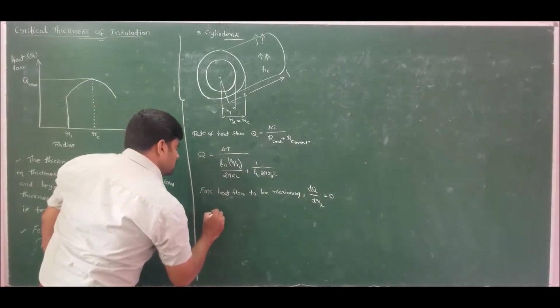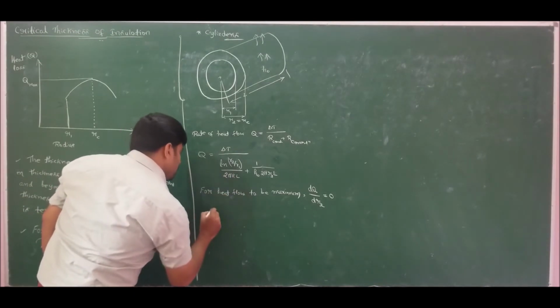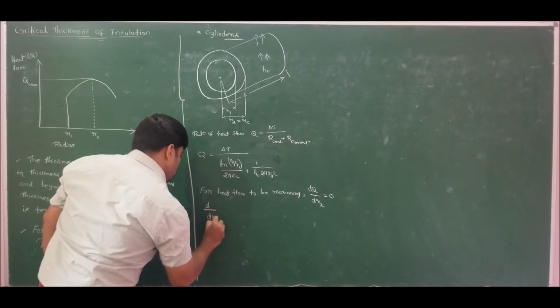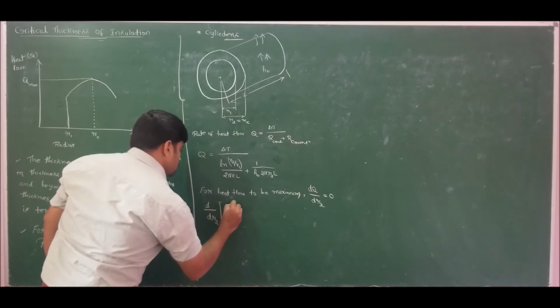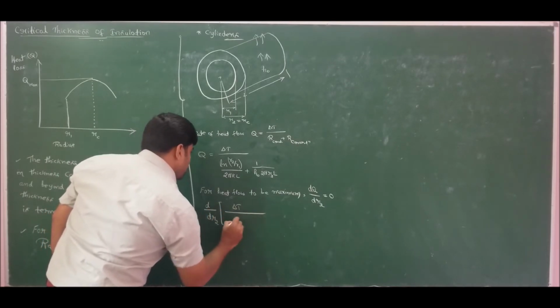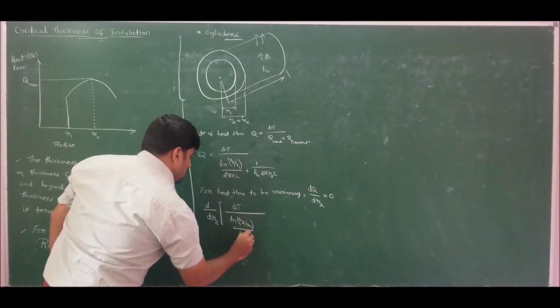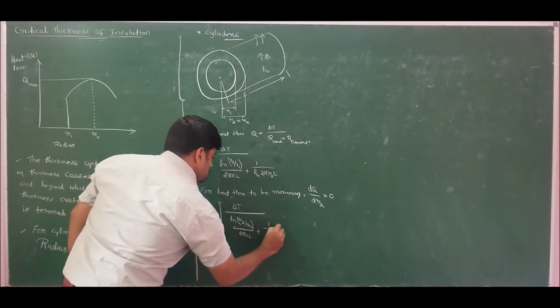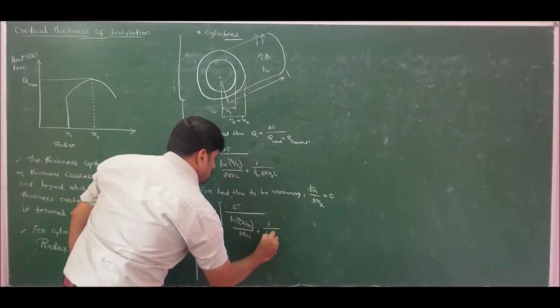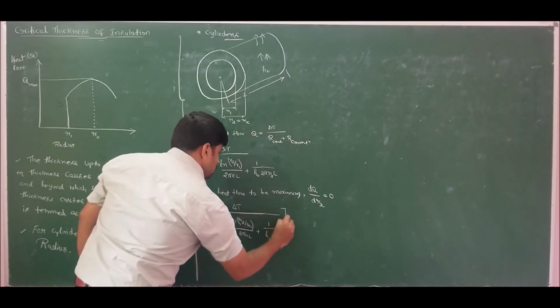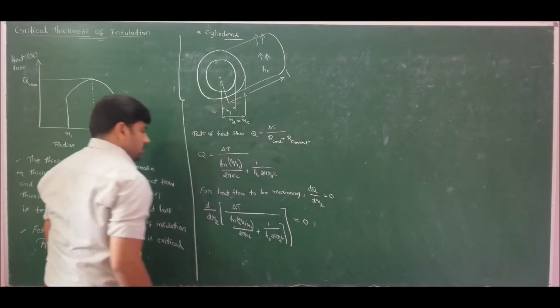So if I differentiate this equation, I get d by dR2 of delta T divided by ln of R2 by R1 divided by 2 pi KL plus 1 by h naught 2 pi R2 L, which must be equal to 0.